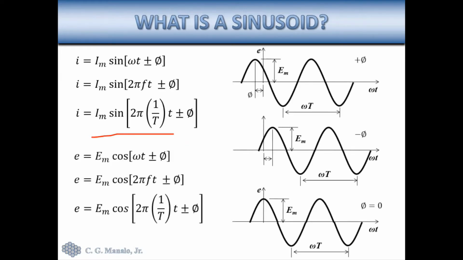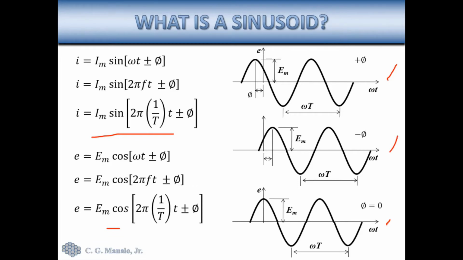Now, as said before, a sinusoid can also be expressed as a cosine function. So here is an example, a voltage expressed as a cosine function, and their corresponding waveforms are these. If the phase angle is positive, we get this one. If it is negative, we get this one. And if it is 0, we have this one.